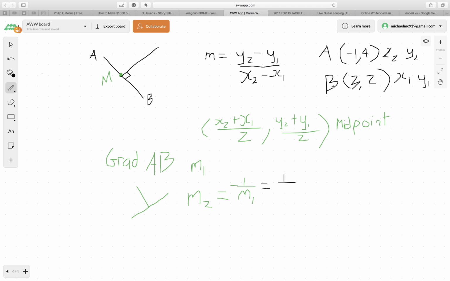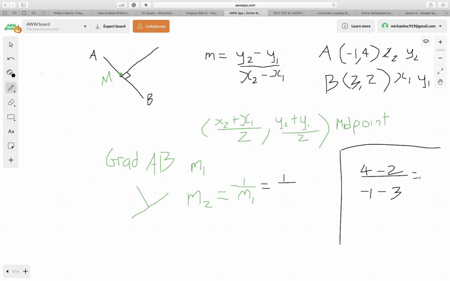So when we're finding the gradient, I'll just draw a little box here. So using this equation here, we have y2, which is 4, minus y1, which is 2, over negative 1, which is x1, minus 3.